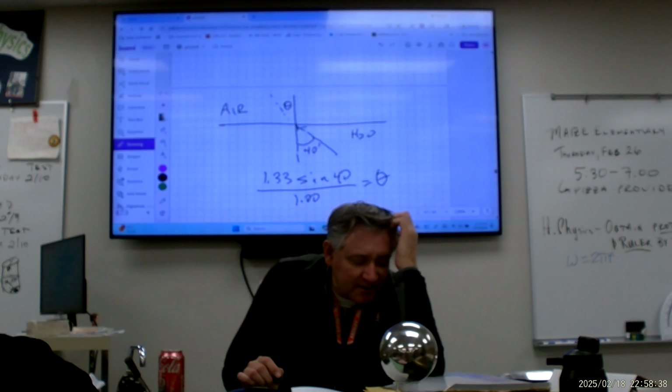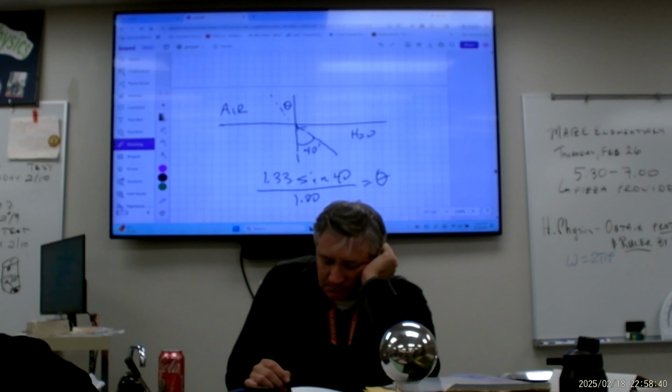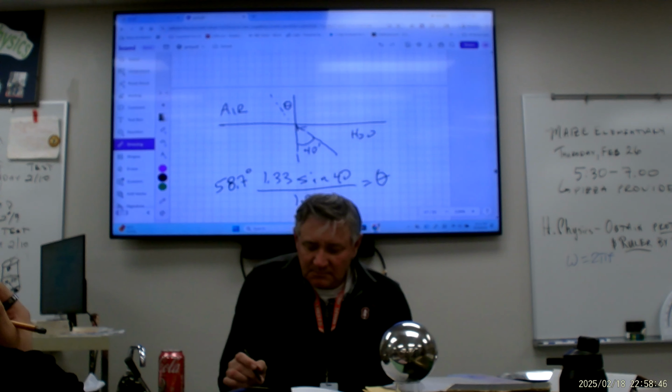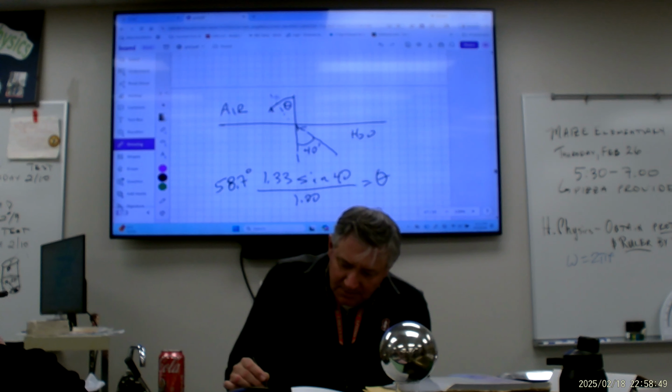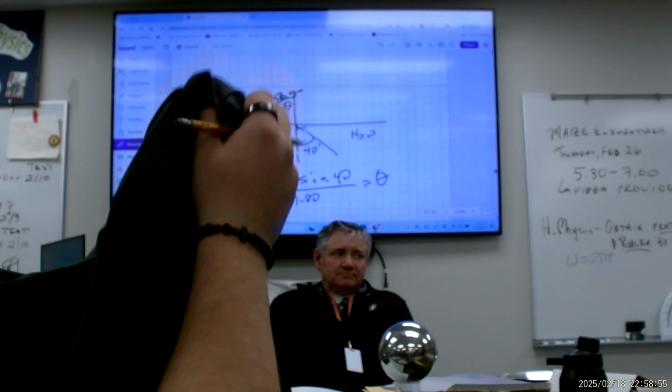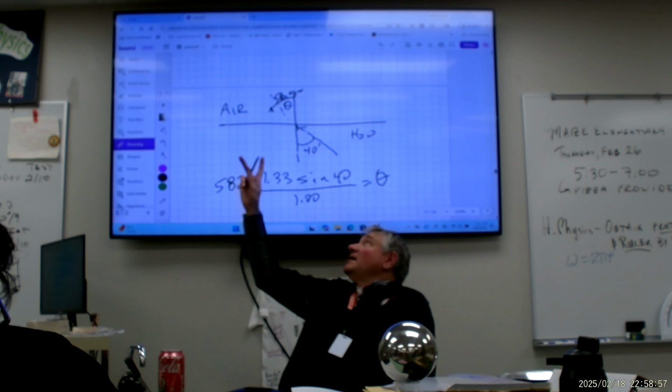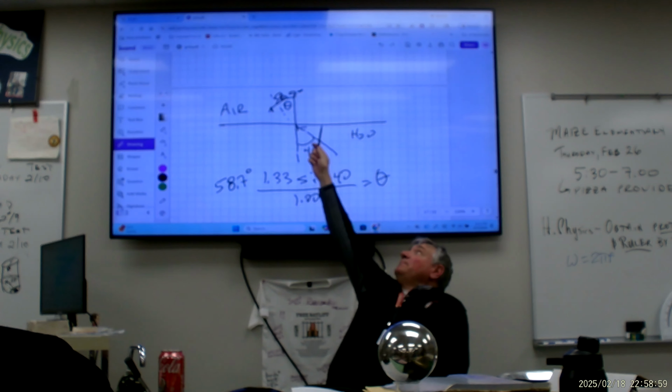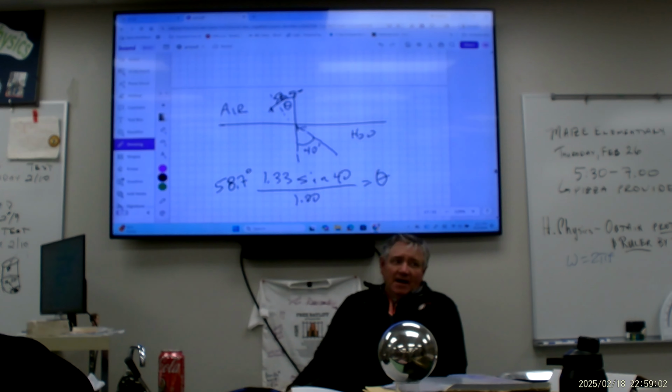What do you get for that angle? 58.7 degrees. So what did it do? It flattened out, because the top side sped up.